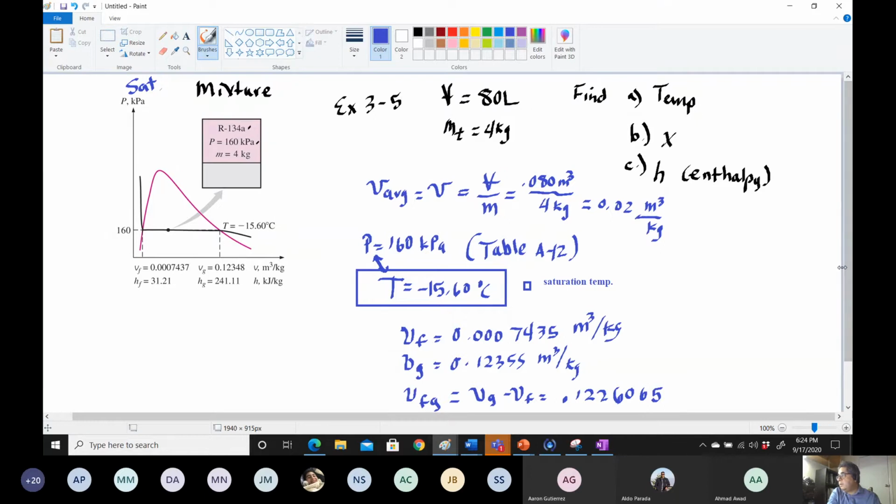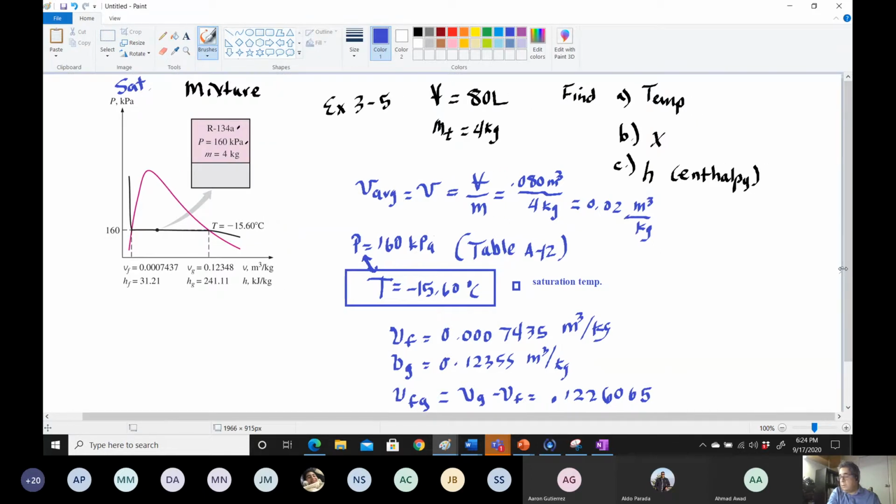So you'll have to calculate that. And now why we needed all those is we need to go ahead and do this and to calculate the x. So x, the quality, is equal to v minus vf over vfg. Right. So it turns out that this is equal to v, which is 0.02. We actually came up with that value, minus vf.